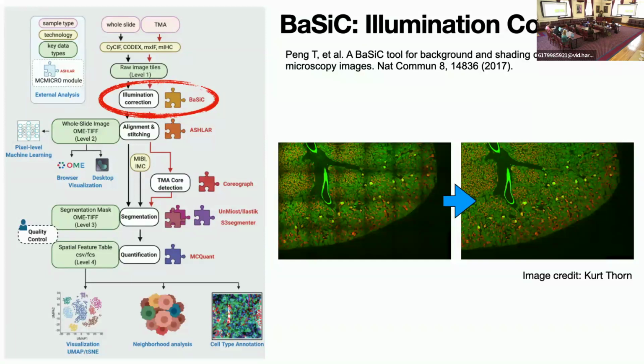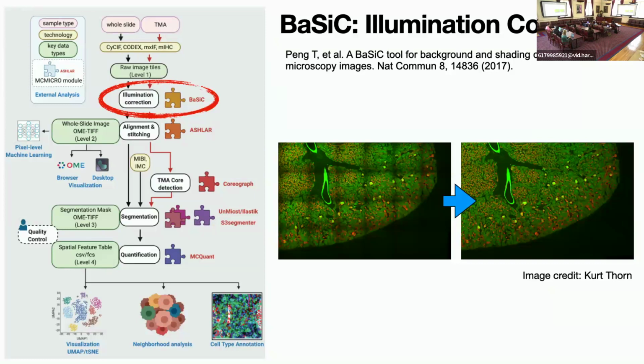You can either acquire a physical image to serve as a correction image to undo this dimming effect, or several tools such as this one called BASIC, given enough images with certain patterns of variation that are required in the image, sort of equal probability of foreground and background, for example, or cell and not cell, can statistically extract that pattern.